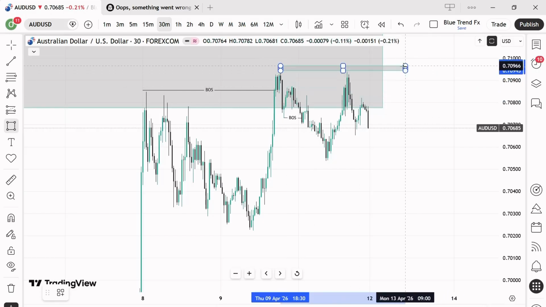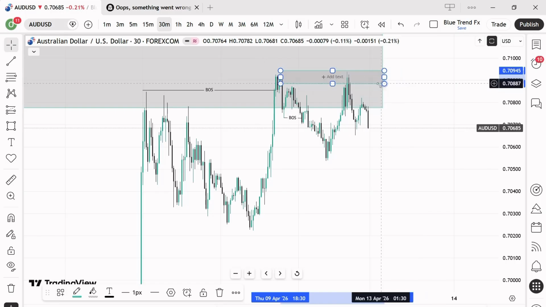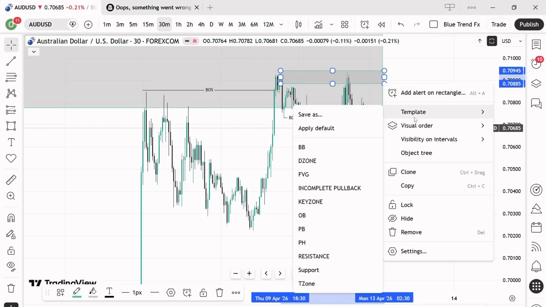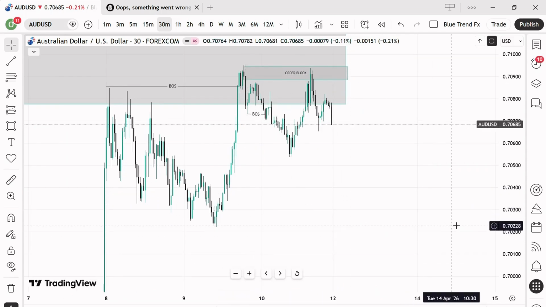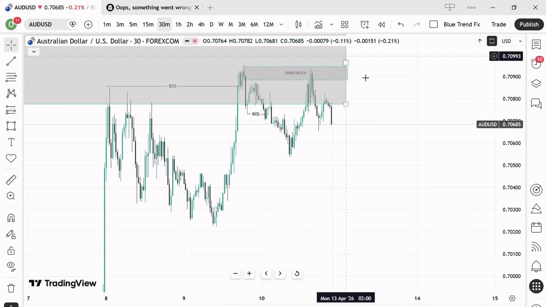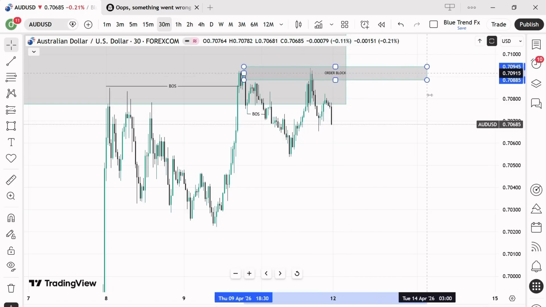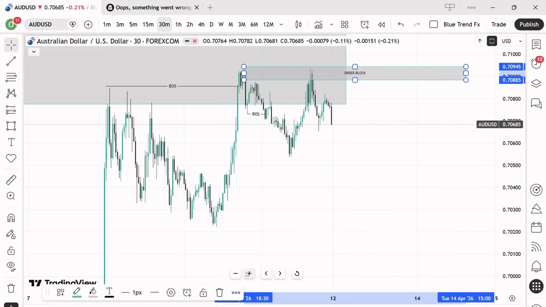It taps onto the supply region. So for me, I'm going to be looking into selling the market at the opening of the market tonight, which is Sunday.